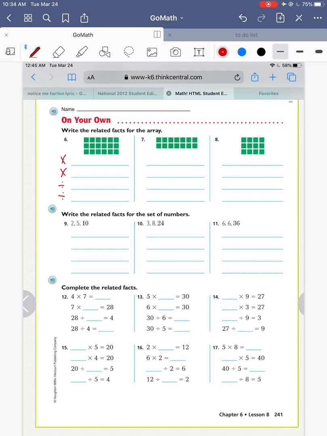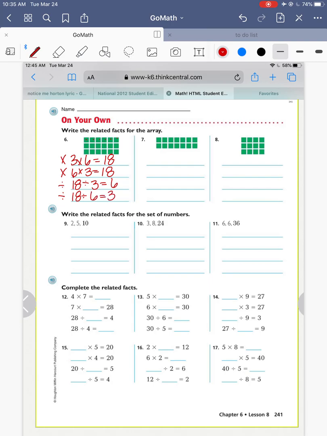So the first one, you have 3 times 1, 2, 3, 4, 5, 6, which is 18. Then the flip-flop commutative property, 6 times 3 is 18. Then you need to start with your biggest factor, or well, the product. 18 divided by 3 rows is 6 in a row, or 18 divided by 6 is 3 in a row.